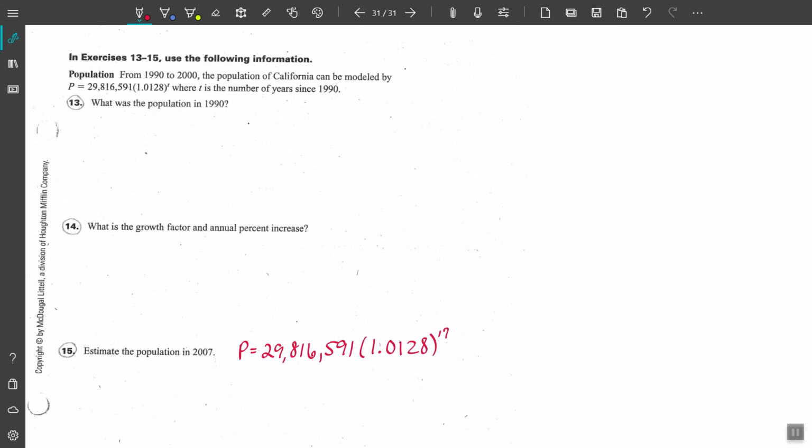Now from here, there are two ways that we could solve it. The first way is we could just evaluate into our calculator this number right here, raised to the 17th power, hit your enter sign or your equals, and then multiply that answer by our initial population. Okay, so that's one way to do it.